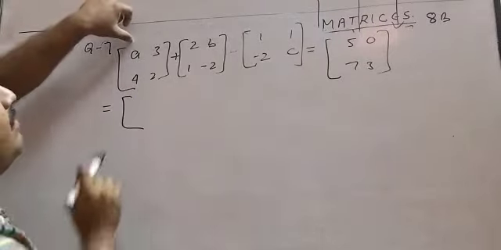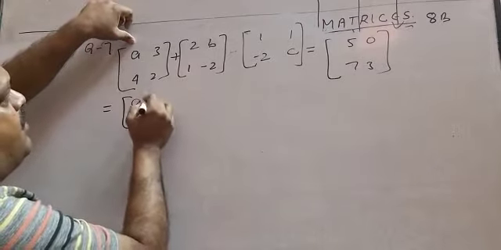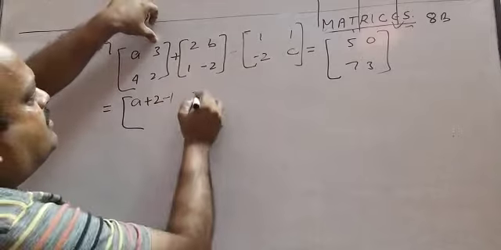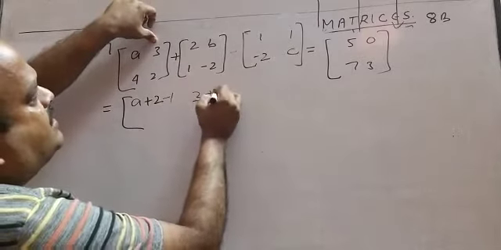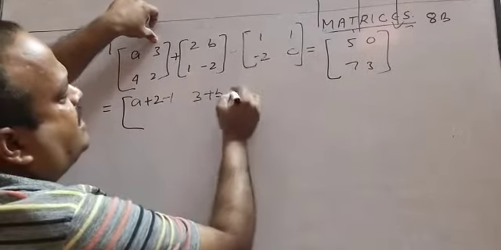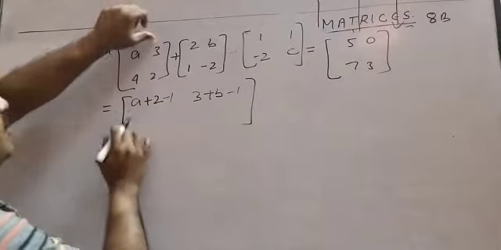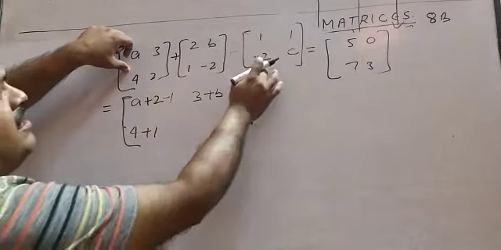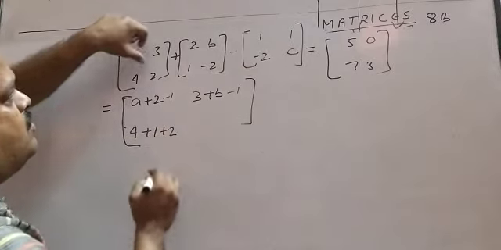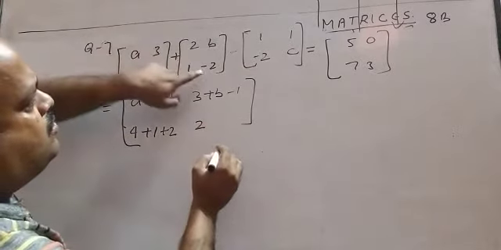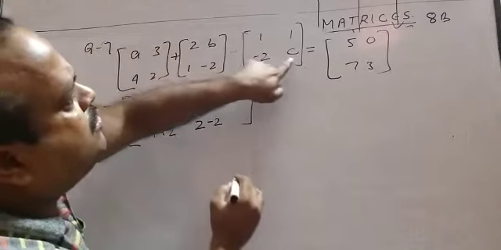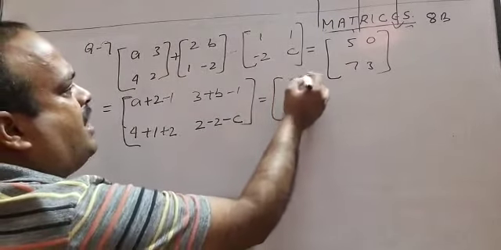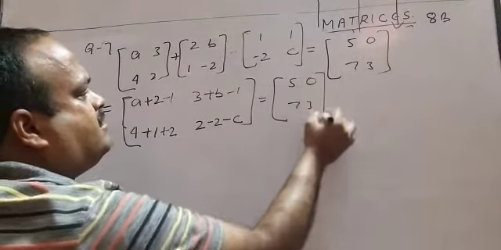The corresponding elements: a plus 2 minus 1, 3 plus b minus 1. Come to this side: 4 plus 1 plus 2, 2 minus 2 minus c, is equal to [5 0; 7 3].